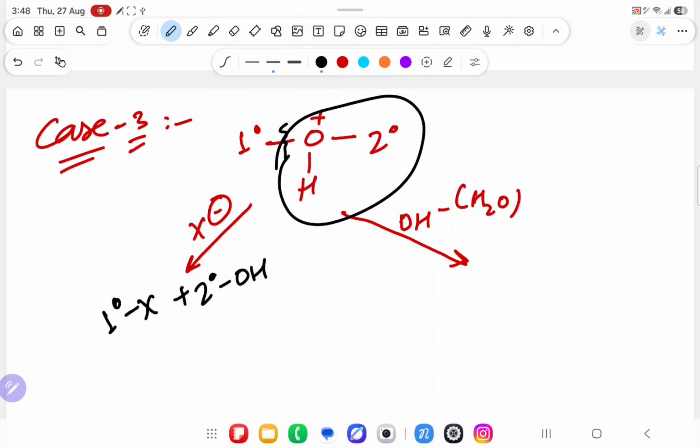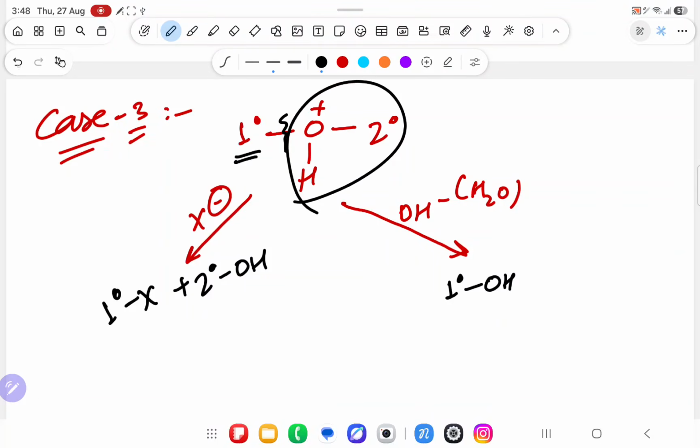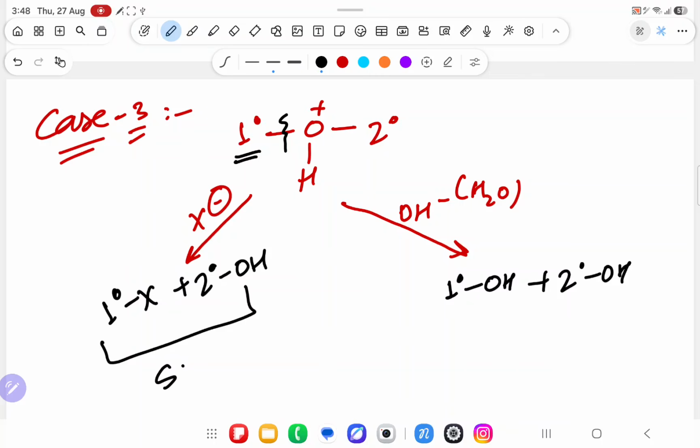This total will become OH and the 1 degree will take X. Over here you will get 1 degree OH, and this total is 2 degree OH. In this situation this will follow SN2, but this will follow the SN1 mechanism.